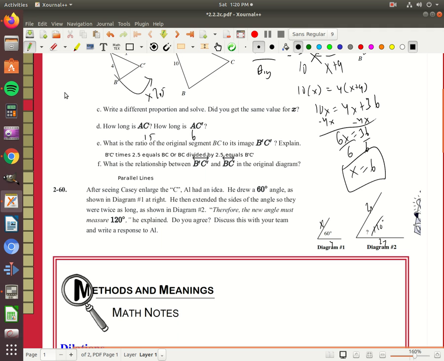I would strongly disagree. Hopefully we know this is also going to be 60 degrees. So the idea is going to be this. The shape stays the same, so the angles stay the same.